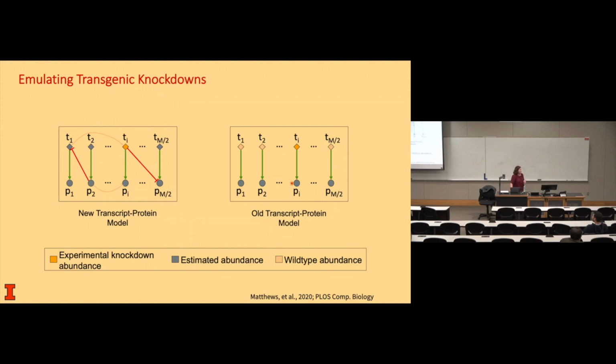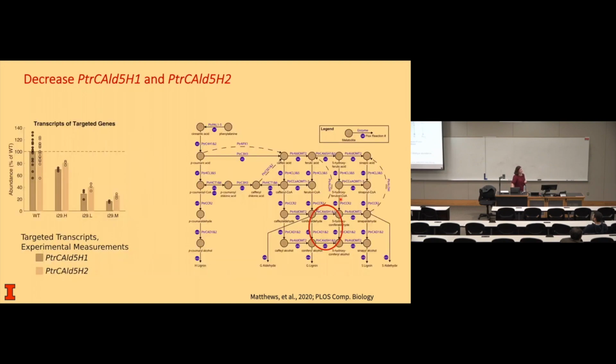And just to show a couple of examples, comparing it to our original version where we don't have any of these indirect influences, I'll show the outputs from one which did particularly well, in my opinion. Here we're looking at decreasing the amounts of these enzymes, the CALD5H1 and 2.